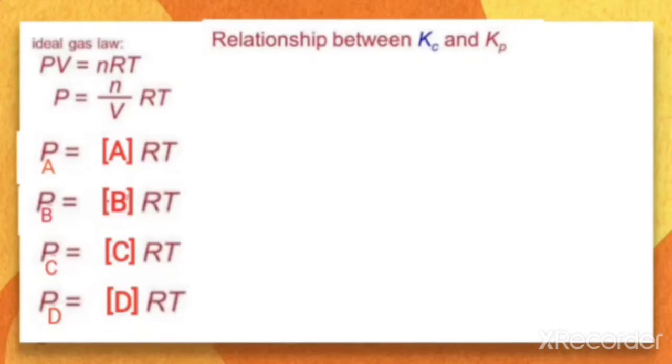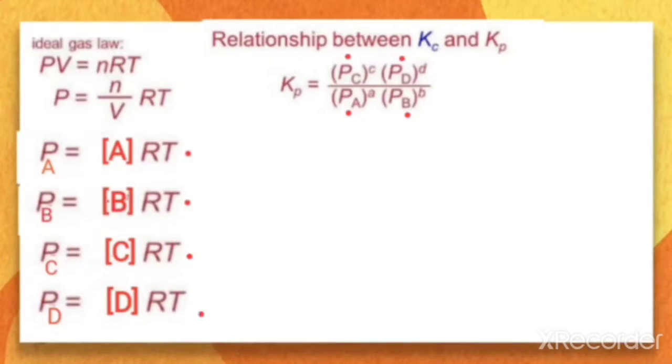Now as we have written the formula for Kp, that is Kp is equal to Pc to the power c, Pd to the power d divided by Pa to the power a, Pb to the power b. Now in the place of Pc, Pd, Pa and Pb, we will be writing these terms.